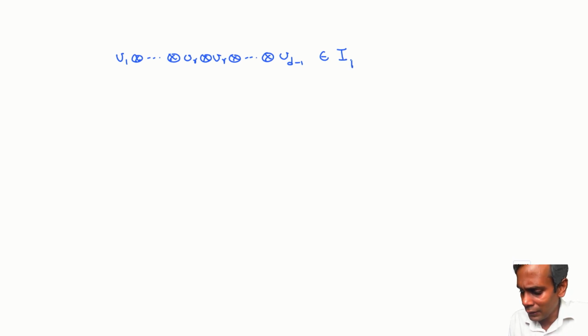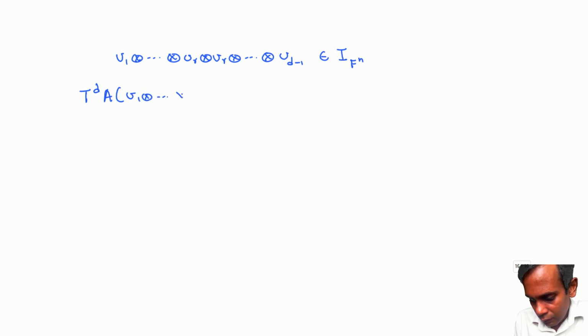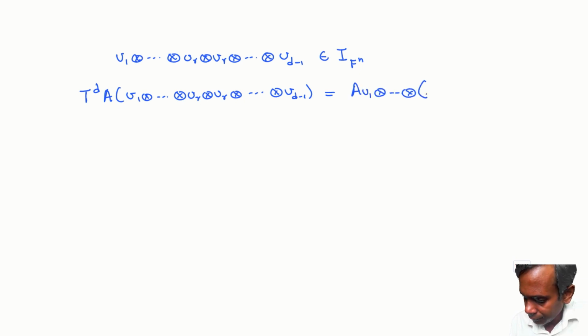So this is a vector in I(F^n). If you apply T^d A to this, then this will be A v_1 tensor up to A v_r tensor A v_r tensor up to A v_d, which belongs to I(F^m).